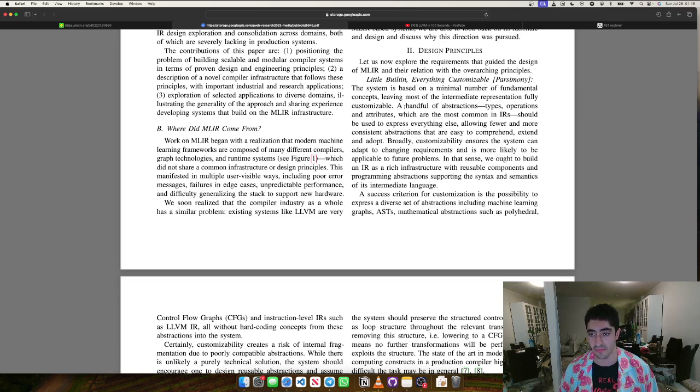Broadly, customizability ensures the system can adapt to changing requirements and is more likely to be applicable to future problems. In that sense, we ought to build an IR as a rich infrastructure with reusable components and programming abstractions supporting the syntax and semantics of its intermediate language.